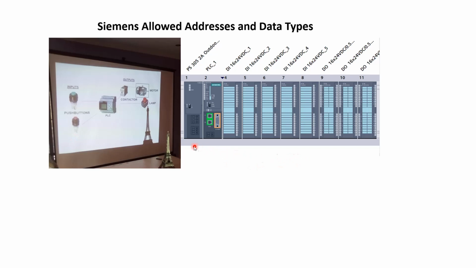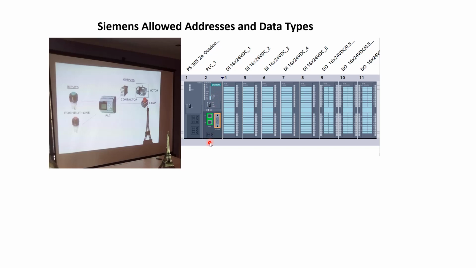As you can see on this picture, we can just recap. The first one, on slot number 1, is your power supply, the 3052 amp power supply. On slot number 2, we have the S7-300 PLC.